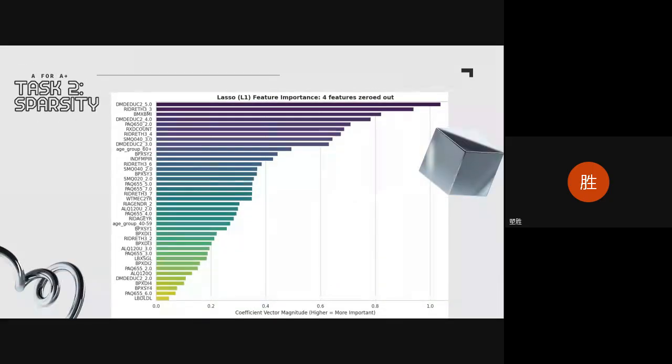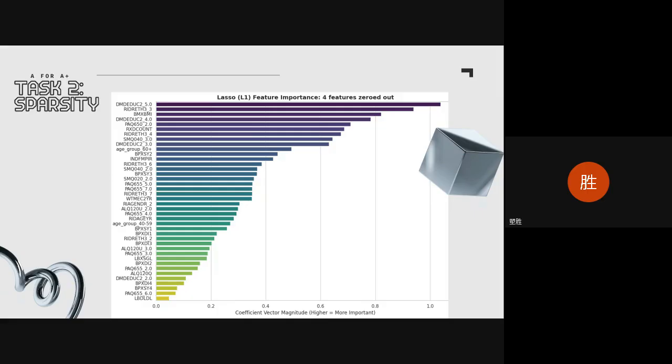Here is the most important feature of Lasso, the feature importance graph. We can see the first two positions, which what I find interesting is binary ones. The most important one is one if a person has a college degree.